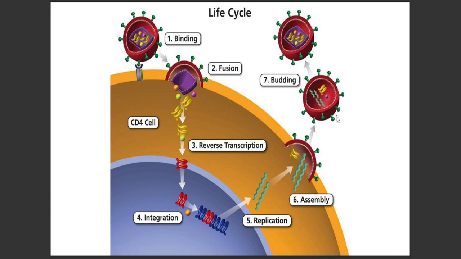So it's going to be removed outside the cell, because at the first point there was endocytosis, and then this is exocytosis. That's why we say the envelope of the HIV is not its own envelope, but it comes from the host. That is why this envelope is also a lipid bilayer that comes from outside the cell. And this will continue replicating and replicating until there are so many of them inside the cells. So this is what happens.